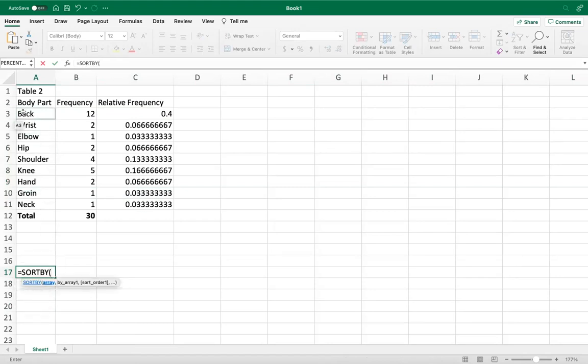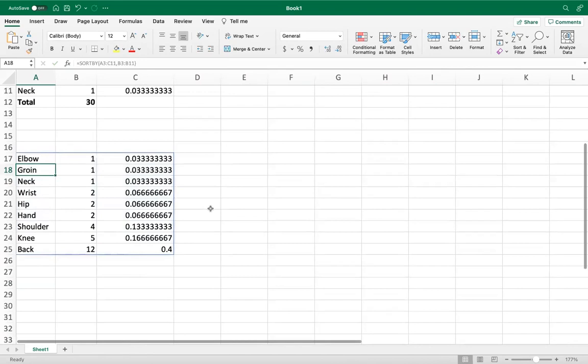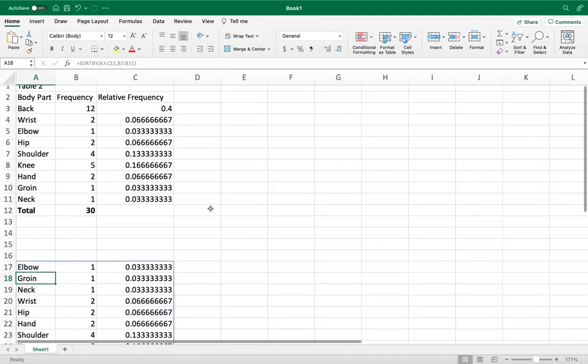So we're going to sort this data here by, so comma, array 1. There we go, array 2. Oh, we should have put in ascending order. So let's see.